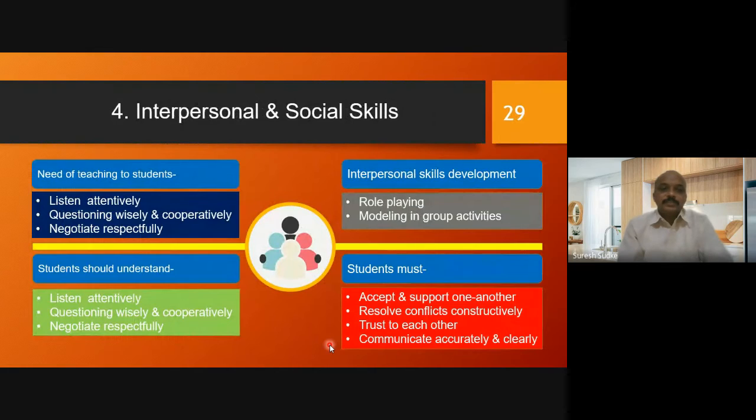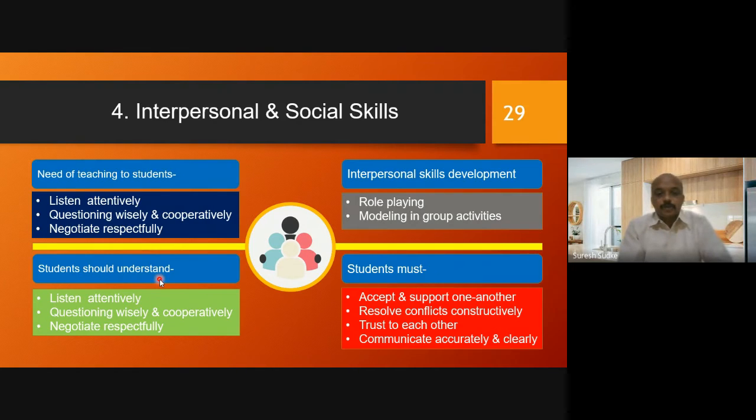To have these interpersonal and social skills, we need to teach our students to listen attentively. If anybody is exchanging his or her idea, the others should listen attentively. They should question wisely and cooperatively. They should negotiate respectfully.